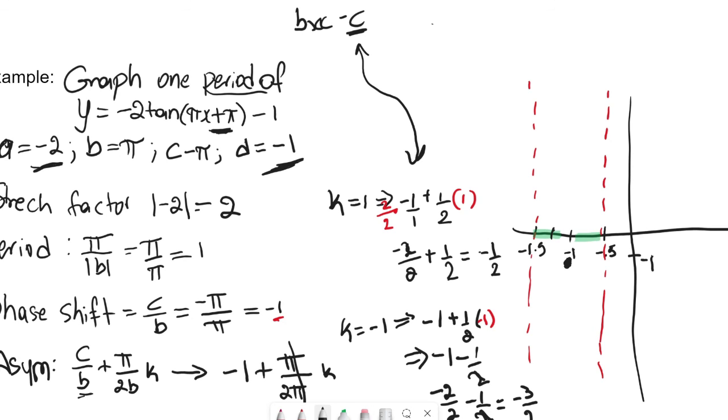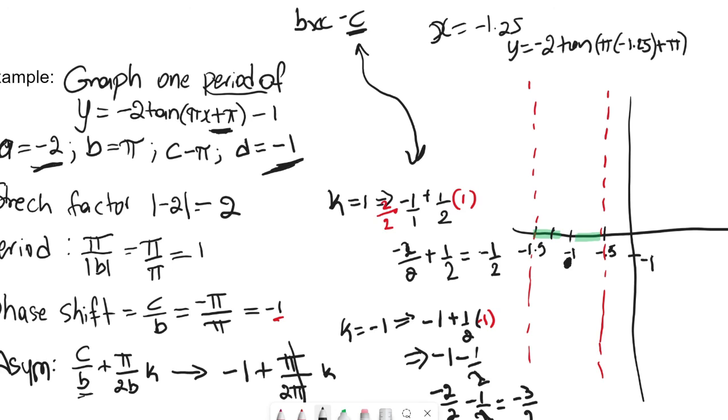So if x is equal to -1.25, then we know that y is going to be equal to -2 times tan of pi x, which is what we just said is -1.25, plus pi. Negative 1.25 plus pi. So you can literally plug this into your calculator.